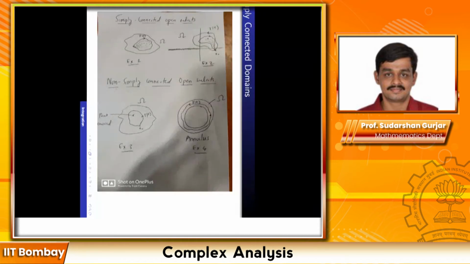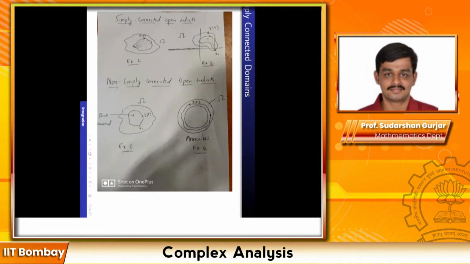Now let's look at two non-examples. Look at example 3. In this case, my omega is like the first example, except that I have removed one point. There's a little cross and I have marked it as point removed. So omega is: take the outermost region and remove one point from it. Now take the gamma which goes around that removed point once, like I have shown. The curve begins at x0, goes around that removed point and comes back.